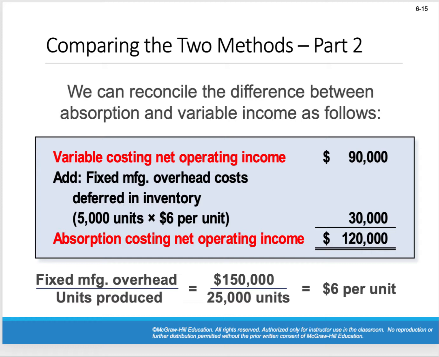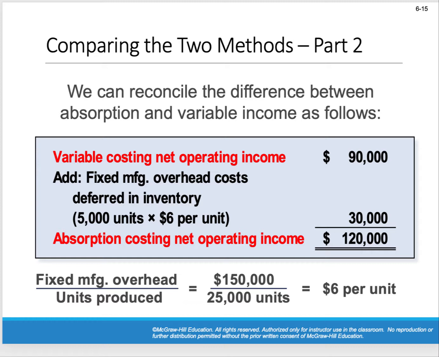To that, we need to add fixed manufacturing overhead costs that we deferred to inventory, meaning the fixed MOH that we didn't recognize. Where is it? It's sitting on the balance sheet under the finished goods inventory account. 5,000 units times $6 gives us our $30,000.